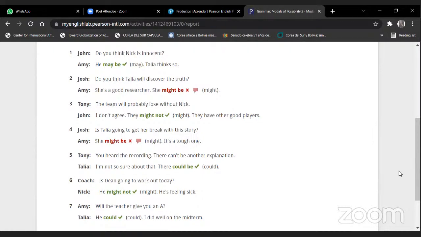And the same happened in 4. Is Talia going to get her break with this story? According to the conversation, it's in negative, right? She might not, because when Josh answered, I don't agree. So the answer in this part is she might not, only not, but without be. Okay.